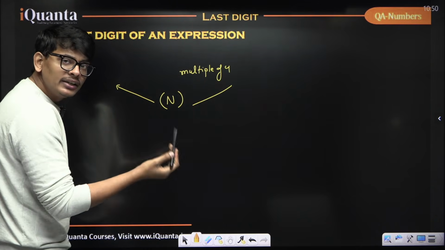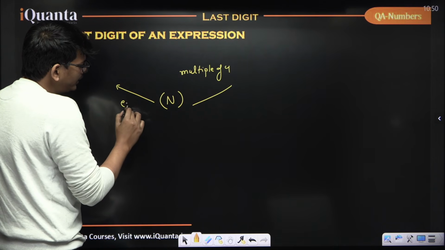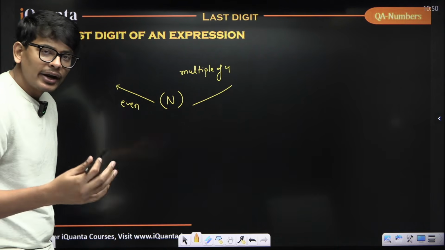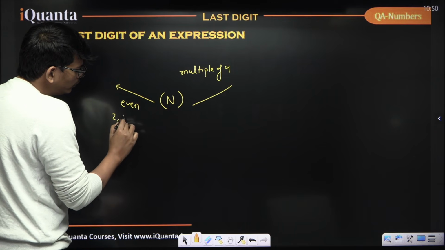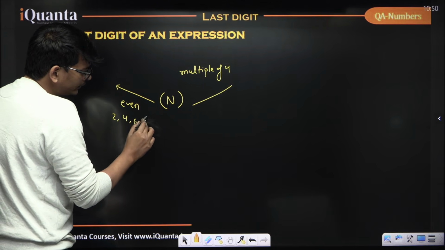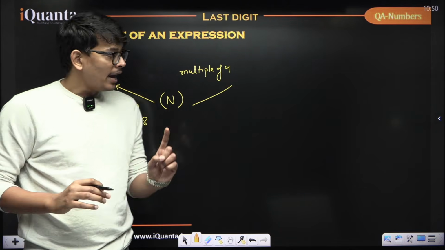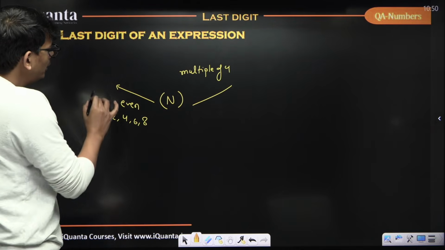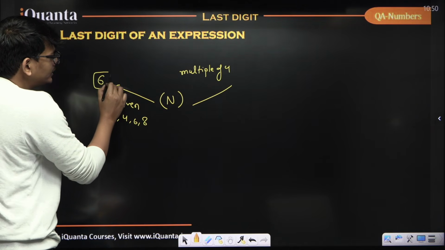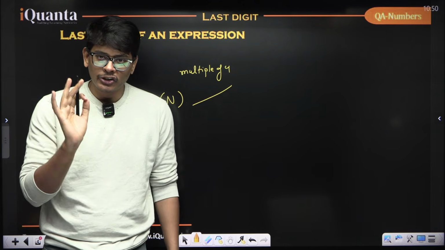If number is even, even means if number ends with 2, 4, 6, 8. कोई भी नंबर है अगर वो 2, 4, 6, 8 से एंड होता है and the power is a multiple of 4, unit digit will always be 6. Remember this. This is the shortcut.